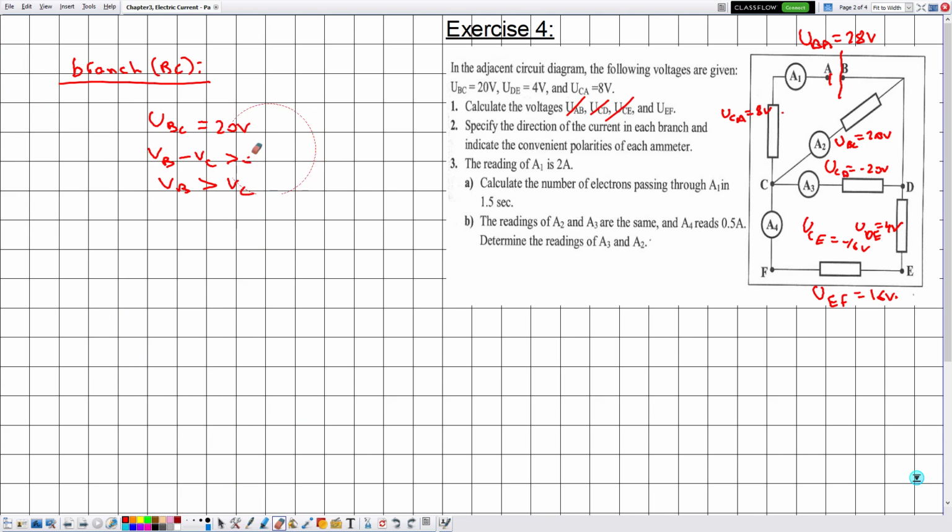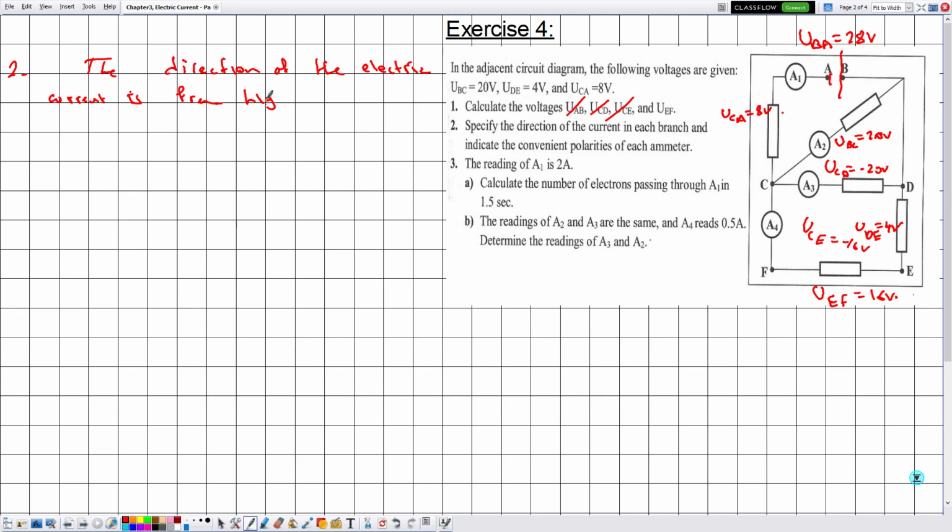Let me erase this and write: the direction of the electric current is from higher potential, in order not to repeat for each of these branches, it will be a hectic task, from higher potential to lower potential.